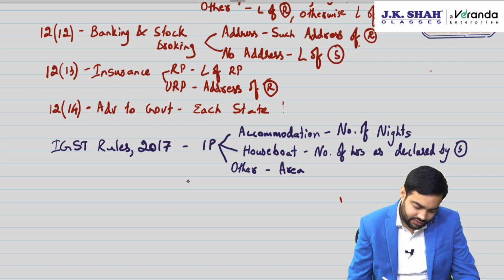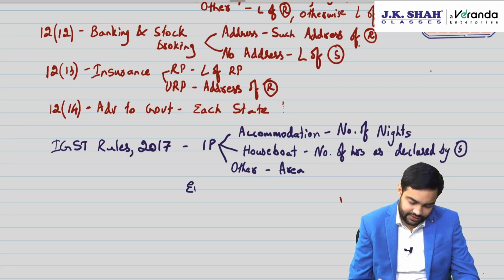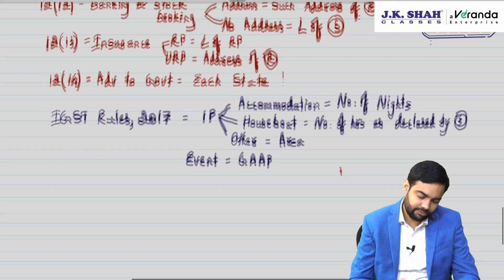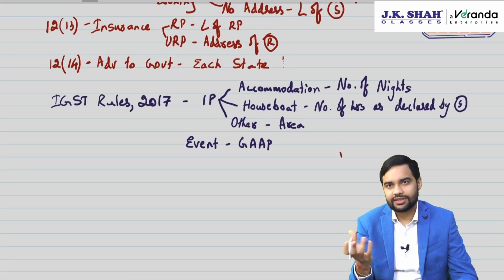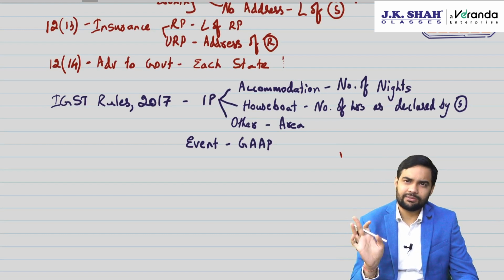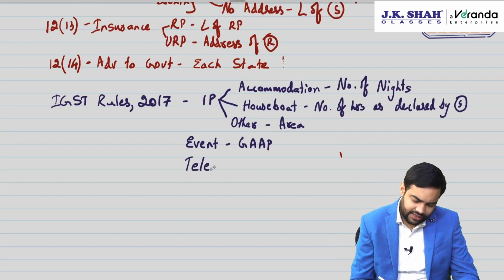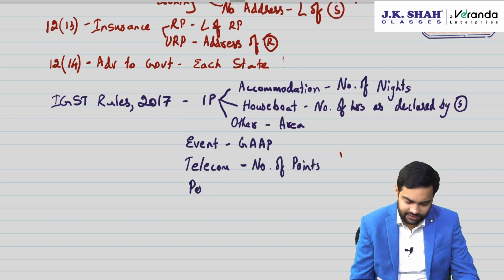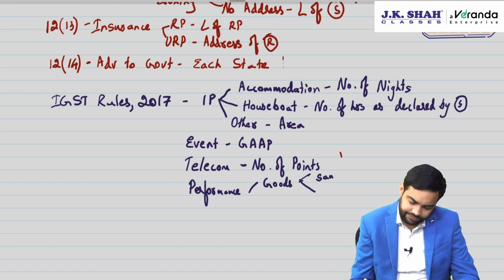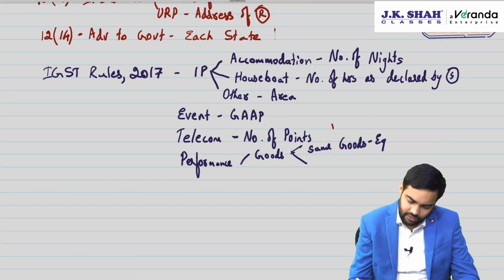Then say suppose you have a case of events. Then the law has said based on generally accepted accounting principles. If the event is held in 4 states, divided based on generally accepted accounting principles. Telecom lines in different states, number of points in each state. And if it is performance based service, if it is related to goods, then if it is same goods, then go by equal.